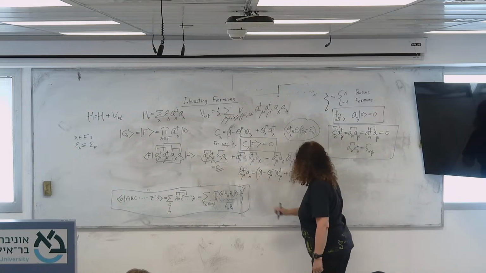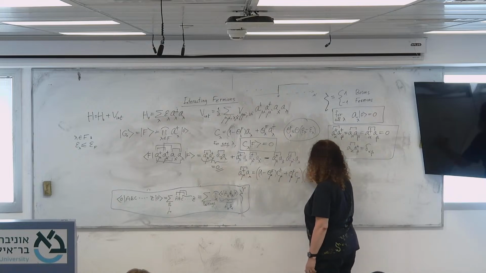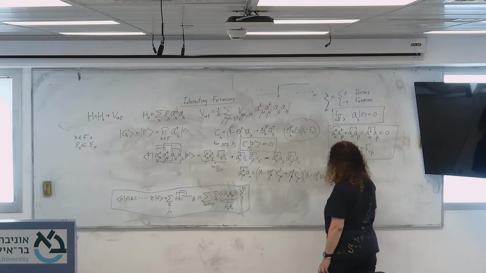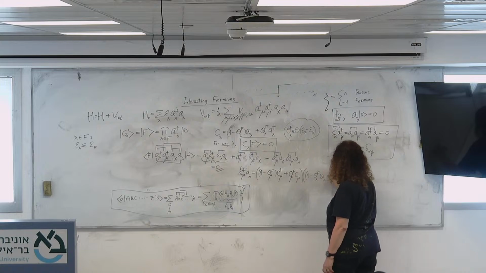That's for A mu, and for A lambda I get 1 minus theta of lambda times C lambda plus theta of lambda times C lambda dagger.